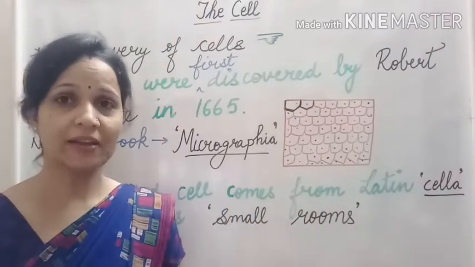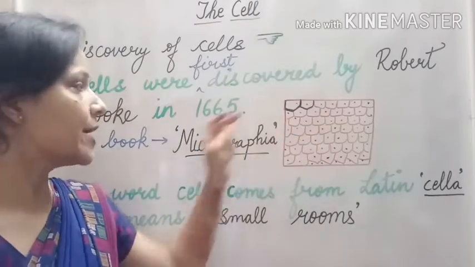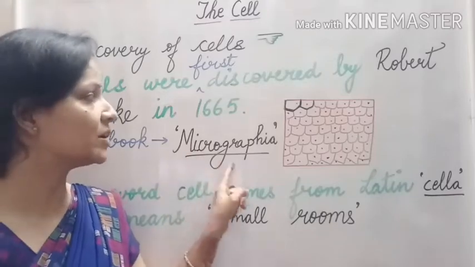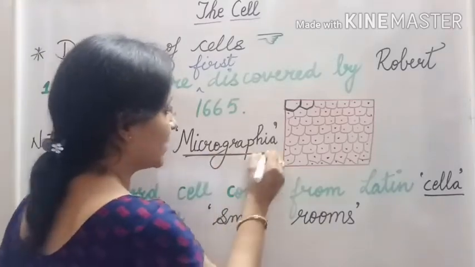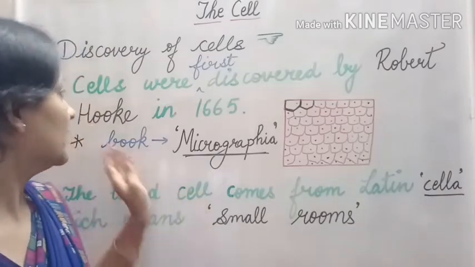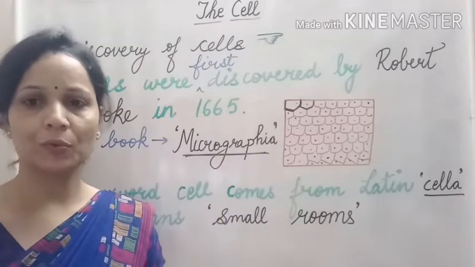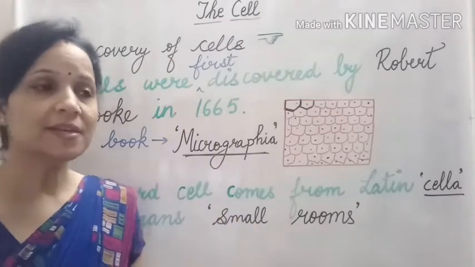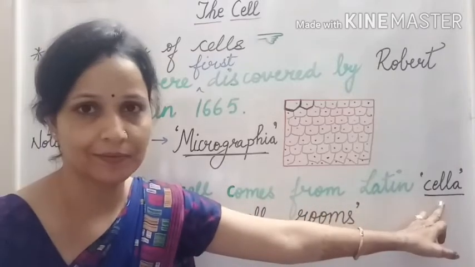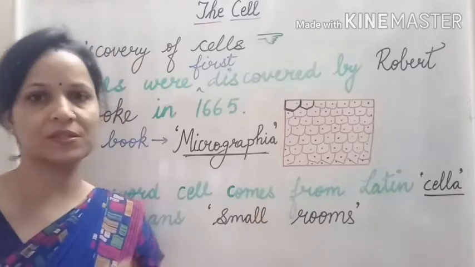And he gave information about cells in his book, and the name of the book is Micrographia. So what is the name of the book that is written by Robert Hooke? That is Micrographia.